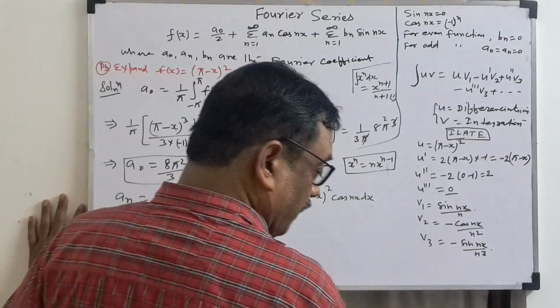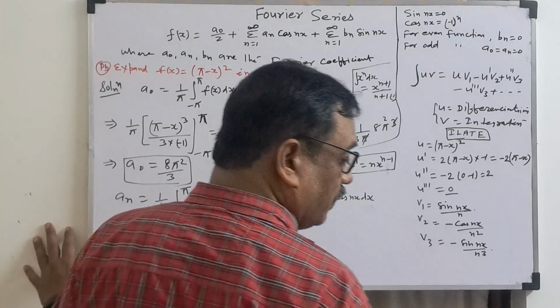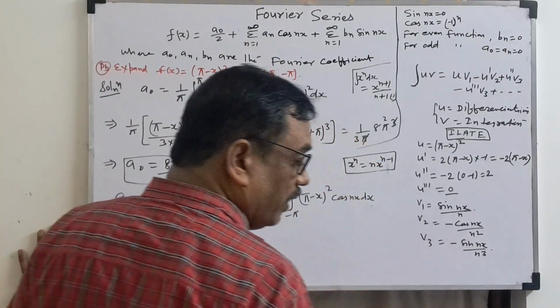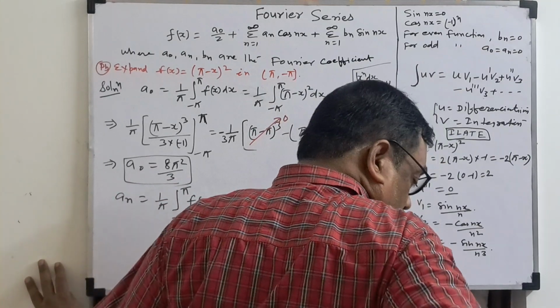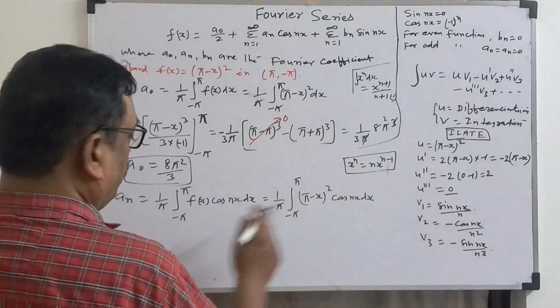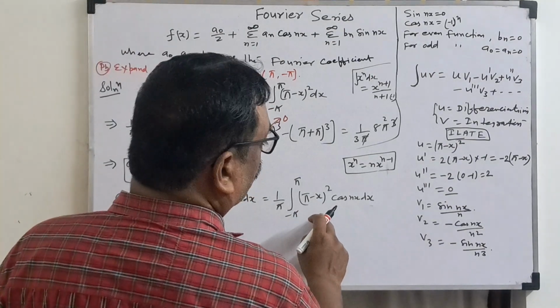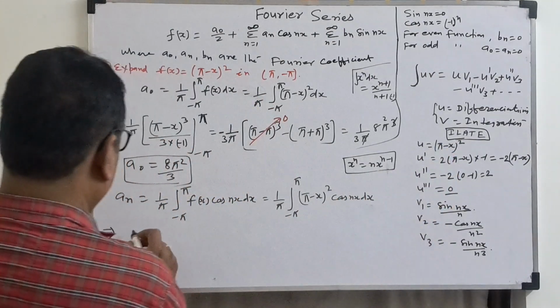Now we will substitute this value here. We will substitute the uv values for an. What will be there? First u, what is u? Pi minus x.